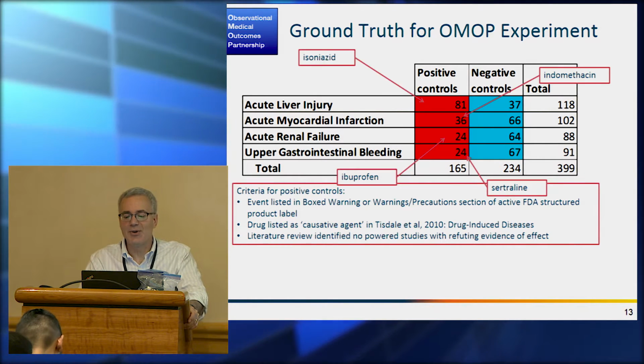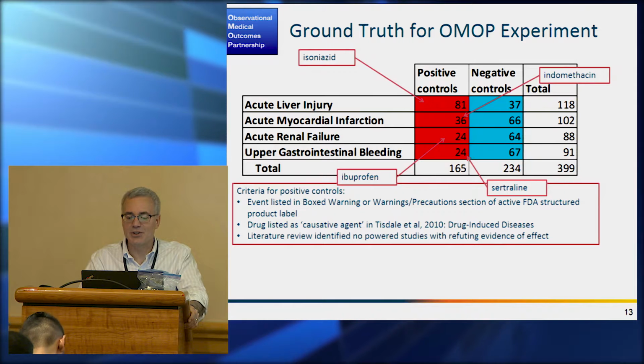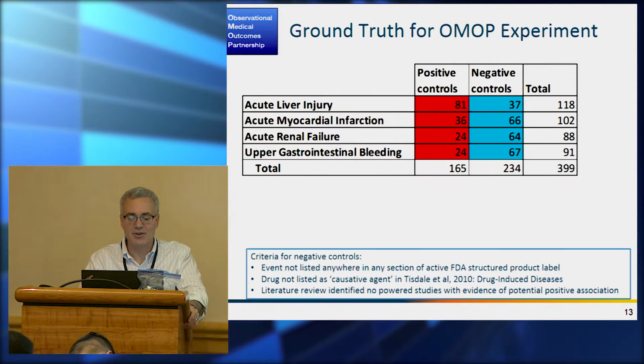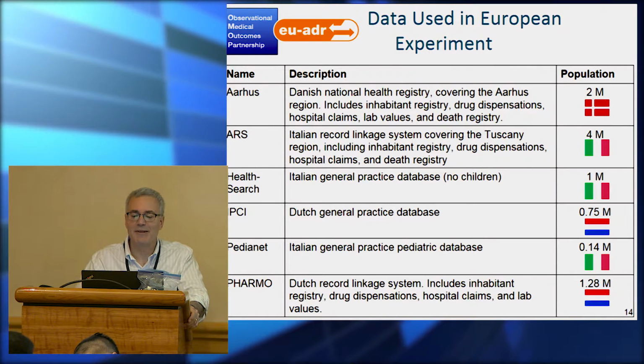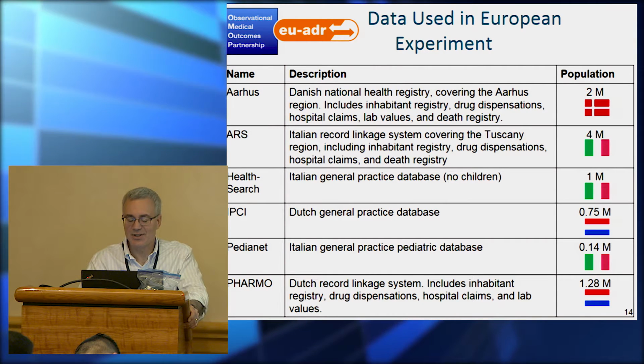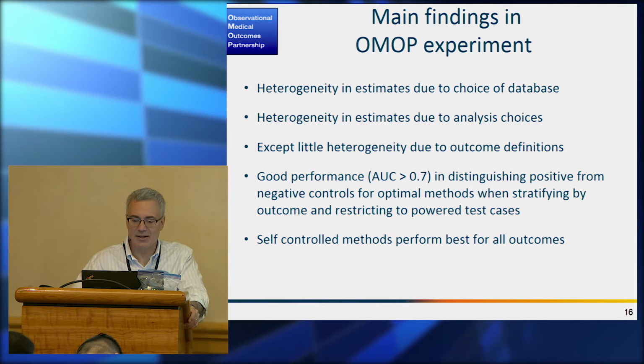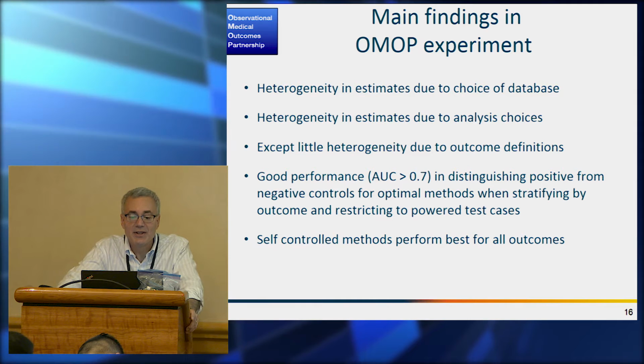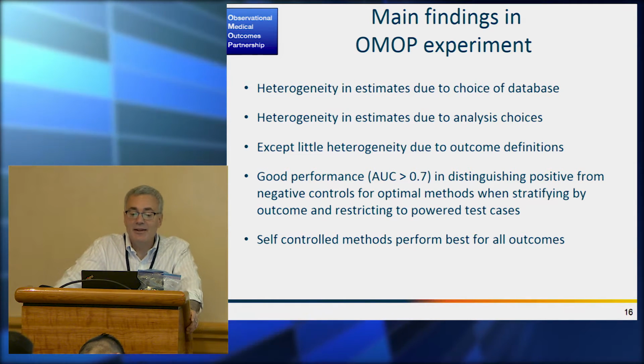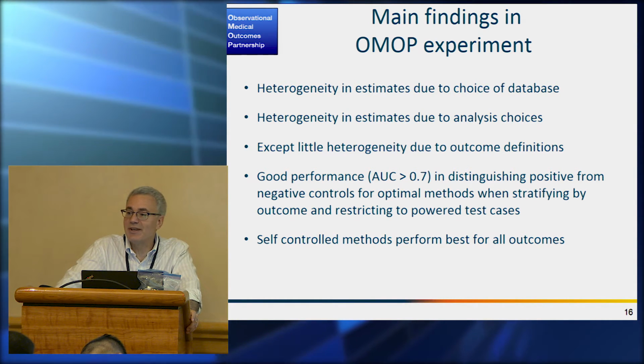And this is just showing you how the gold standard was chosen, what the criteria for positive controls and negative controls were. But I'll skip over that. And these are the different databases for the European experiment. So the main findings were heterogeneity in estimates due to the choice of database.